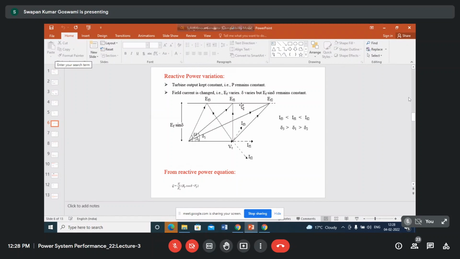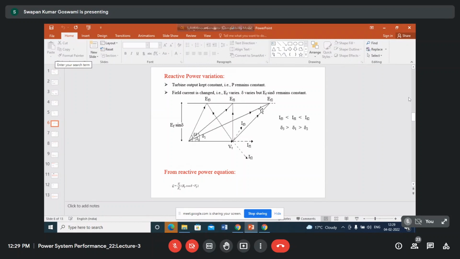Obviously by mistake in the drawing, it is IA3, IA1, IA2, not IF3, IF1 and IF2. But the field current corresponding to EF2 is greater than the field current corresponding to EF1. That's why EF2 is greater than EF1.